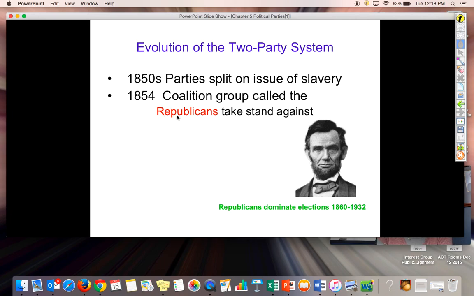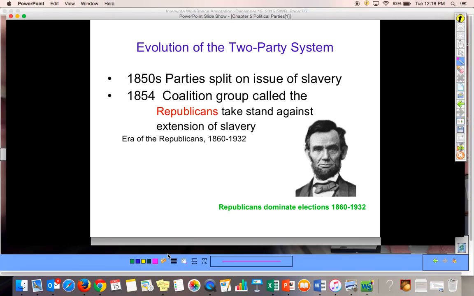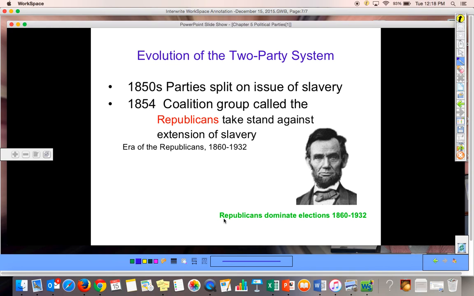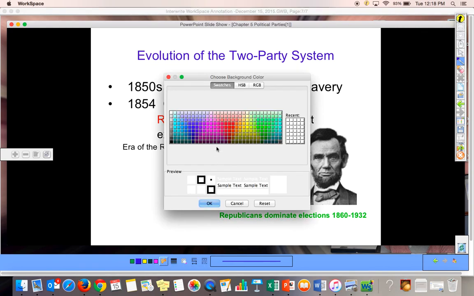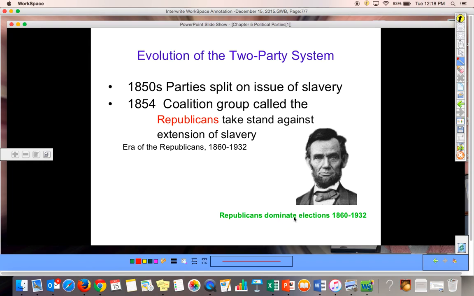This Republican group eventually elects its first president, and the very first president on the Republican side is, I should use red, shouldn't I? Because red is the color for Republicans. So the Republicans dominate elections, and I can't say enough about this date. 1860 is a dividing era and starts the second big era of the two-party system.